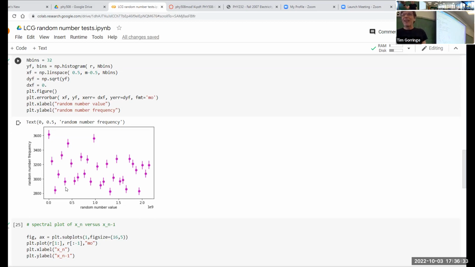But anyway, the error bars are the square roots of those numbers, and that should indicate the fluctuations. So these fluctuations are much bigger than the statistical error bars, which is indicating some non-statistical distribution here. So the statistical error bars would be just root n, just square root of n. And these fluctuations are much larger than that.